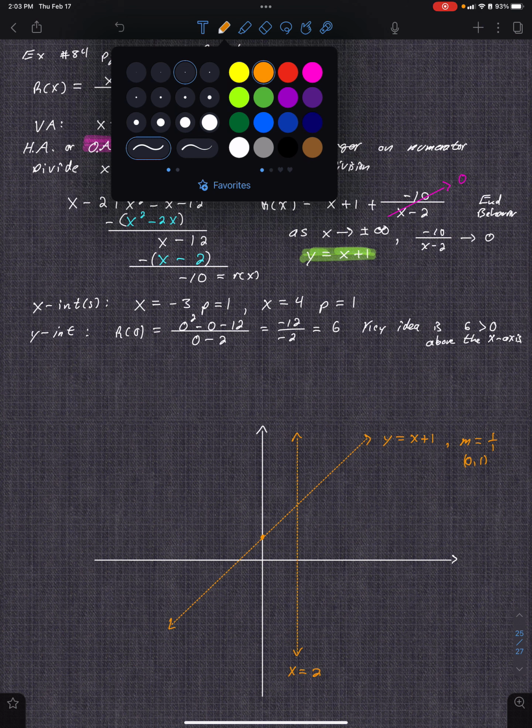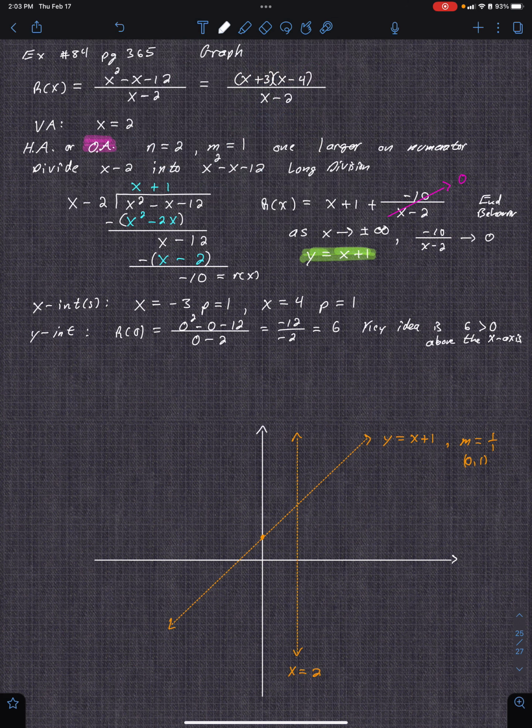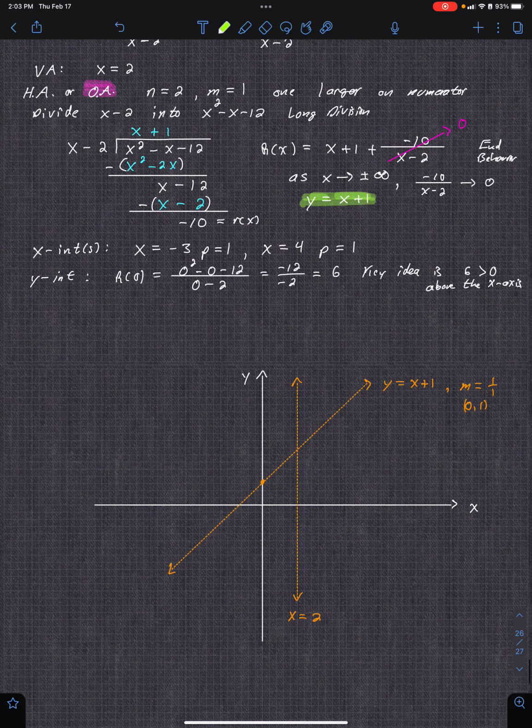Okay. Now we can start with the graph. We can do the intercepts, right? So we can label the x and y intercepts. So this point right here, you would need to know because if this is 1, 1, it's down 1 over 1, right? That's your slope. So this point right here, I was going to do green for the graph.